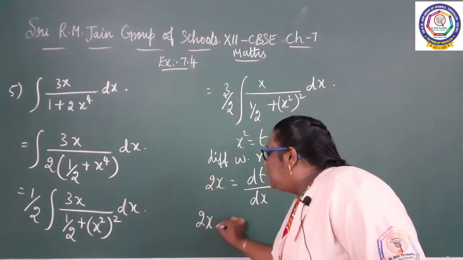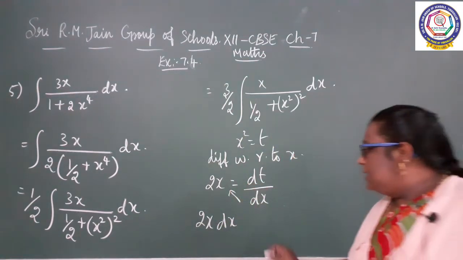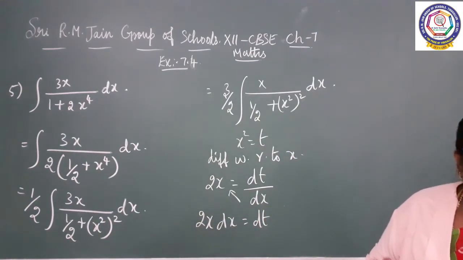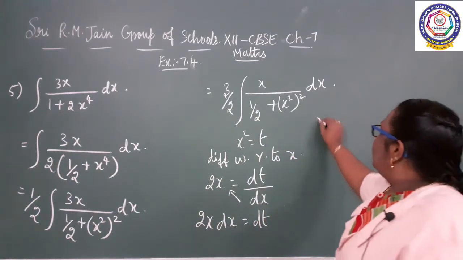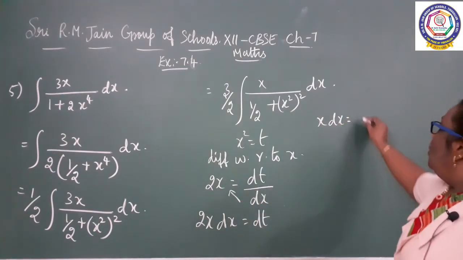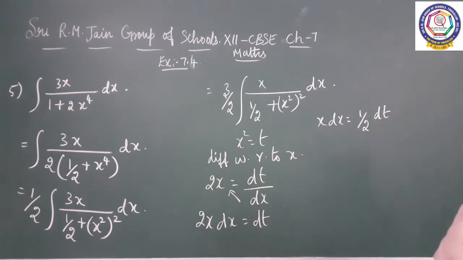So 2x into dx equals dt, but in the numerator you have x dx. So x dx equals 1 by 2 dt.